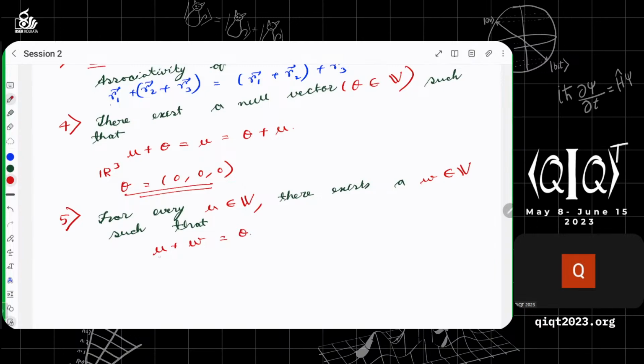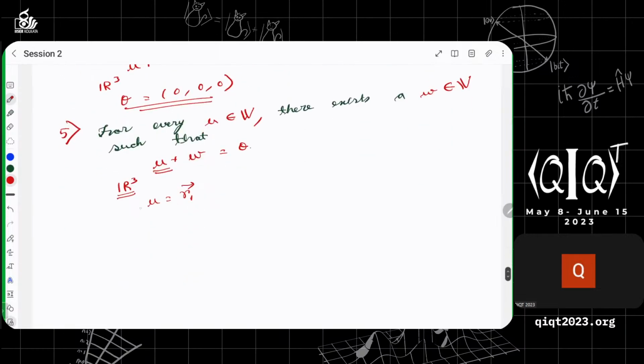That is, if you have some vector, again if we take the example of R3, so let's say you have a vector which is R1 vector. So there is always a w which is minus R1 vector, so that when you add these two, you get theta, the null vector. So basically u plus w, and the null vector here is the origin, so 0, 0, 0.